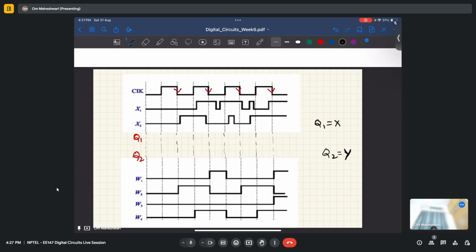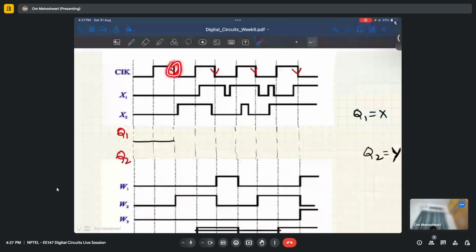So start with 0. At this negative edge, input is still 0. It will remain 0 then. At this negative edge, input has changed to 1, so this output will become 1.